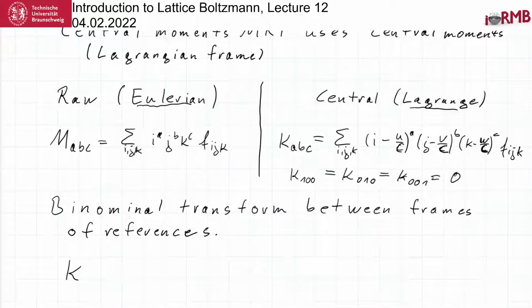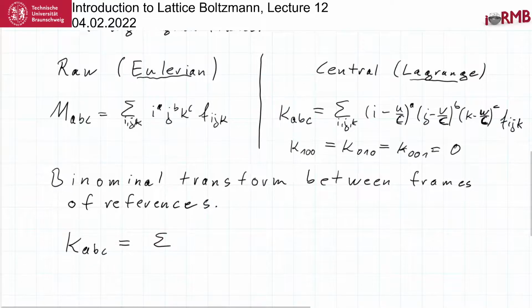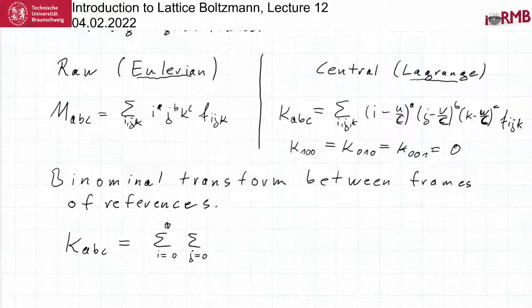So the central moments K_abc can now be computed from the sum over i from 0 to a, sum over j from 0 to b, and sum over k from 0 to c.